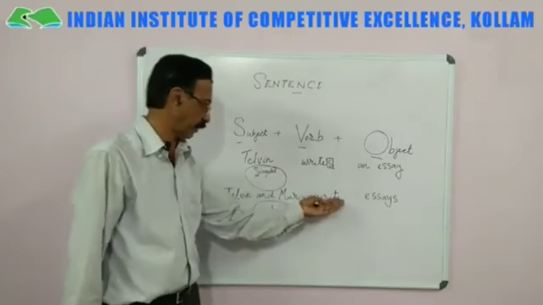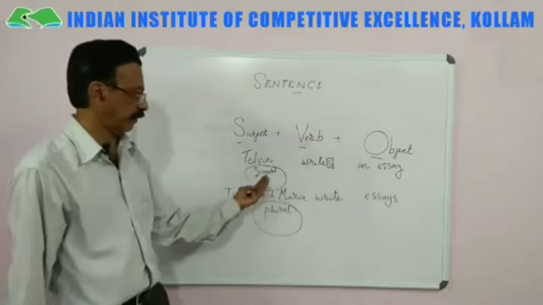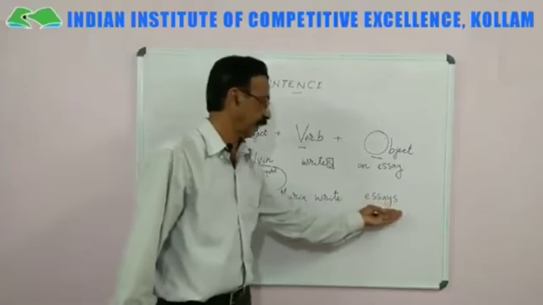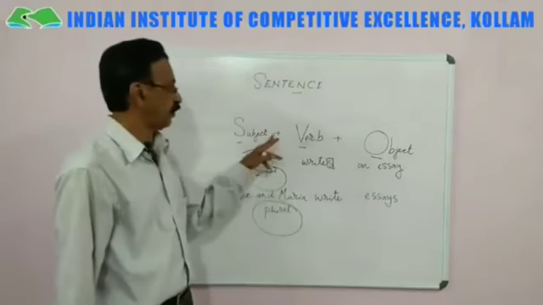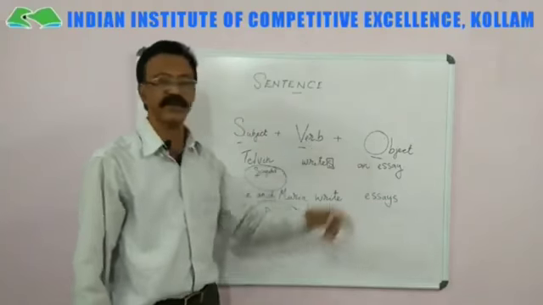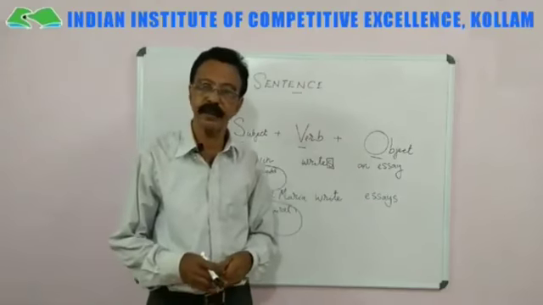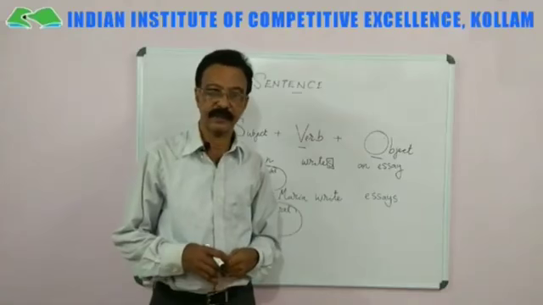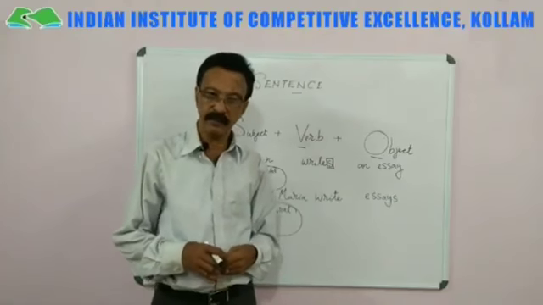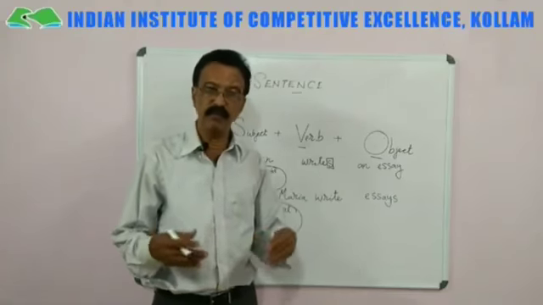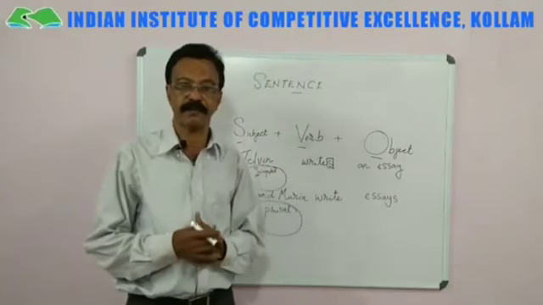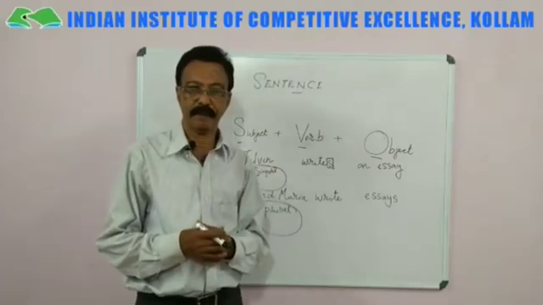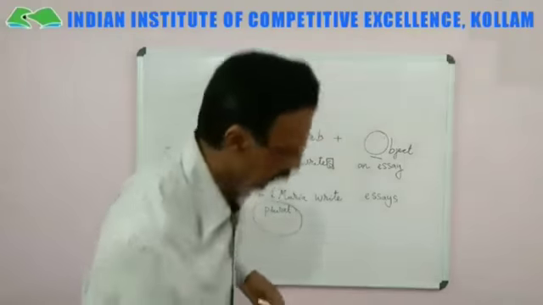Of course, the verb agrees, vice versa. And there is an object. Subject, verb, and object is the structure of a sentence. Now, we shall move to different types of sentences. Let us see that.